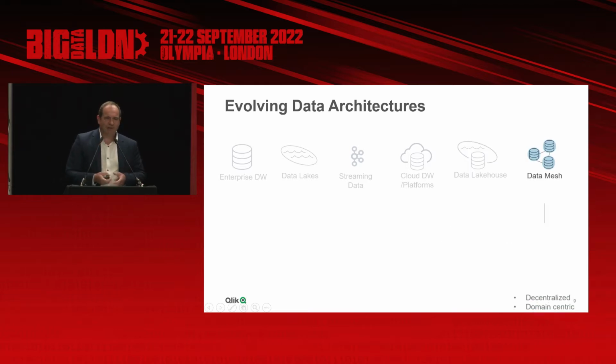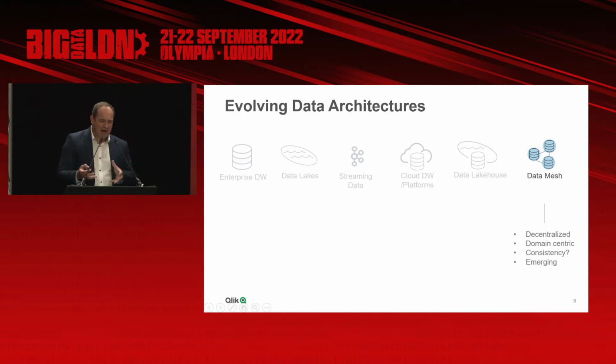And then we have data mesh, that hot topic. What's interesting here is that up until now, all of these architectures that I've mentioned have been centralized, whereas mesh is really all about being decentralized, and the idea behind it is it's domain-centric. So you have your data sets turned into data products, as they call it, and then you have different owners and levels of governance for each of those domains.